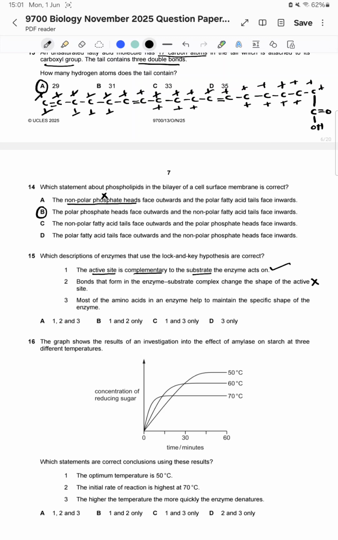Third says most of the amino acids in an enzyme help to maintain the specific shape of the enzyme. Of course, amino acids in an enzyme provide the primary structure of the protein, and you should remember that if you change the primary structure, it is going to change the tertiary structure. That's why the specific shape is going to change. So it's 1 and 3.